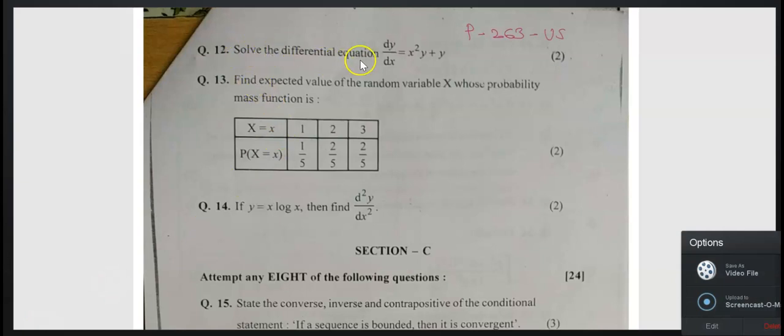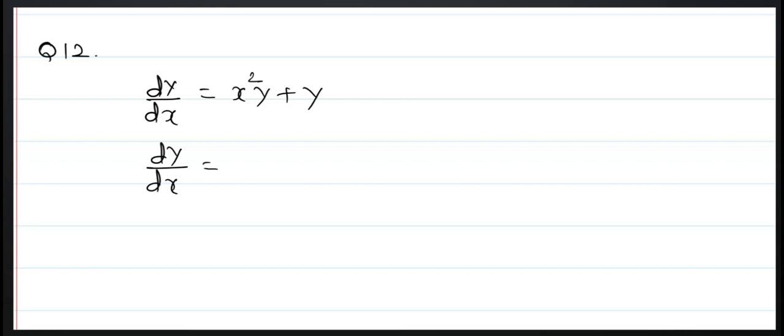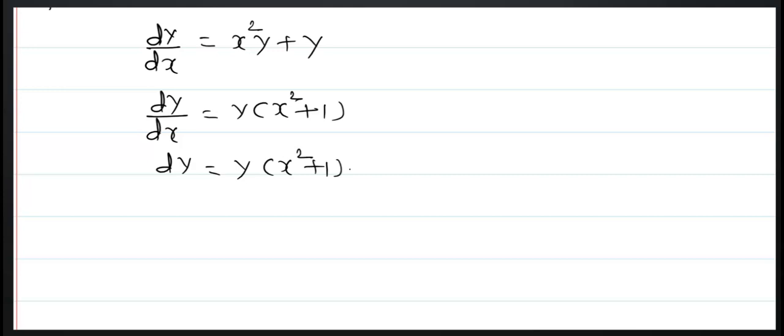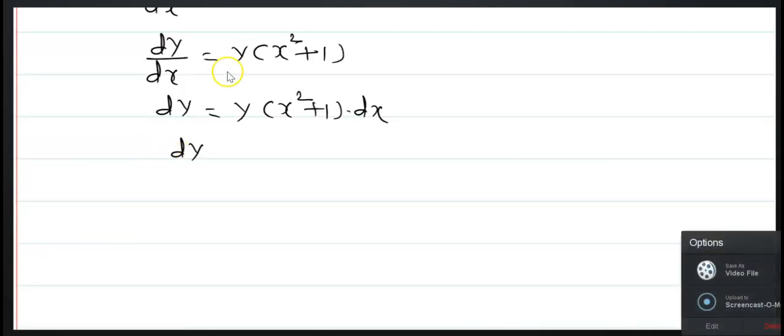Now the next question is: solve the differential equation dy by dx is equal to x square into y plus 1. Now we'll solve this equation. dy by dx is equal to x square y plus y, so dy by dx is y in bracket x square plus 1. dy is equal to y into (x square plus 1) dx.